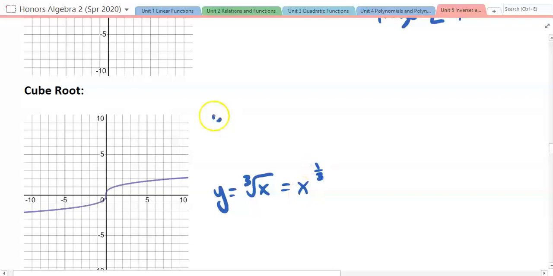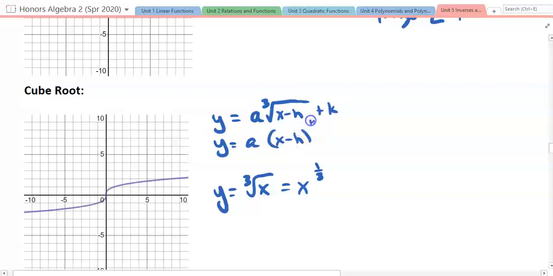The general form, again, will look like it did for square roots. y is equal to a times the cube root of x minus h plus k, or I could write it with the rational power 1/3. Let's fix that. 1/3 plus k.